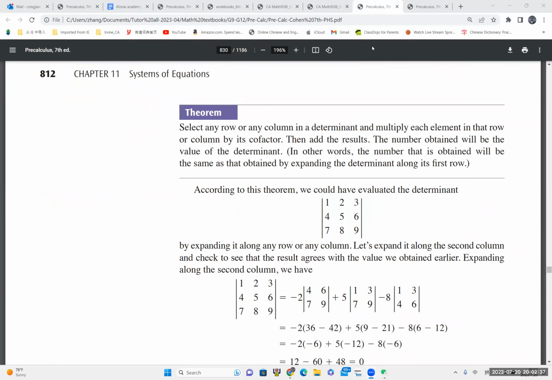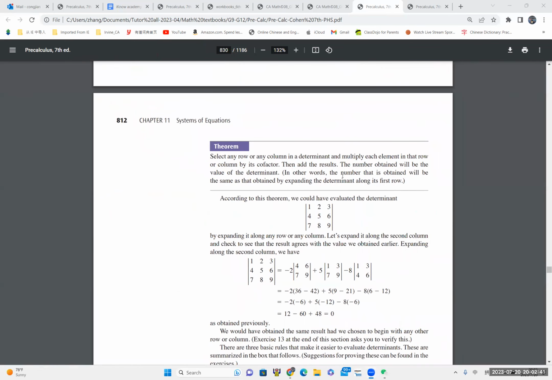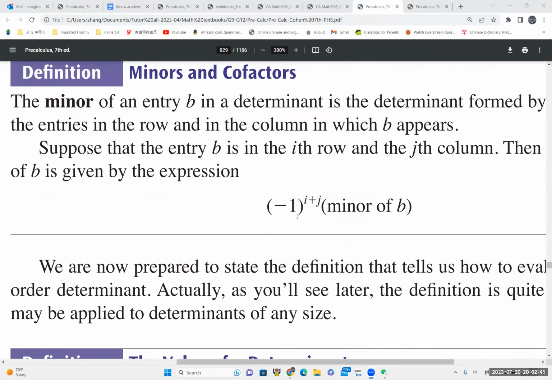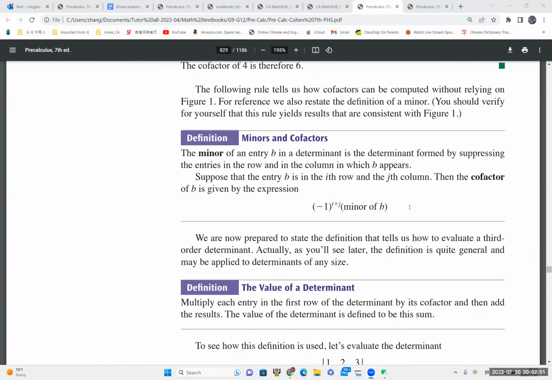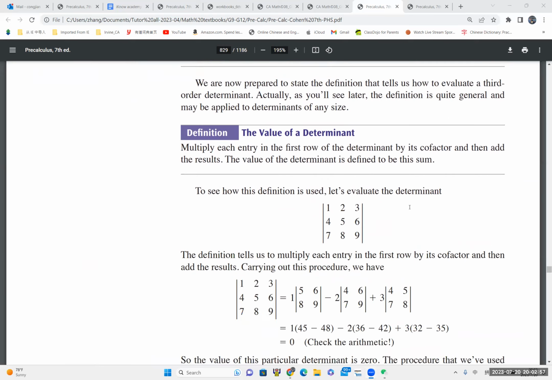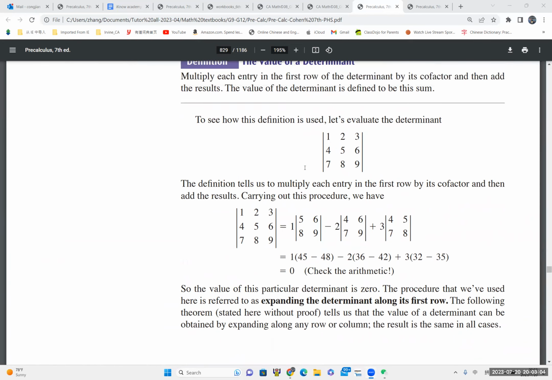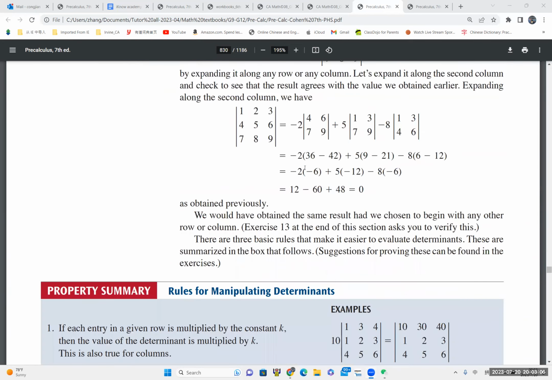So this is why the exponent is negative one to the ith row, jth column, right? They mention it here, then the minor of B. You can check with this example to understand it.